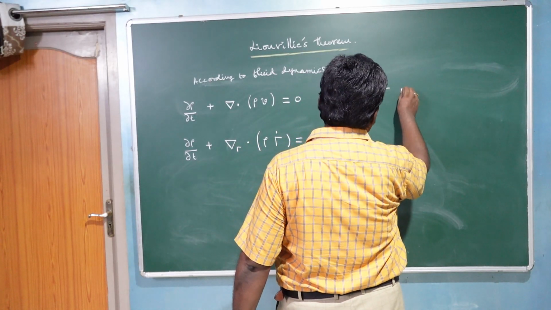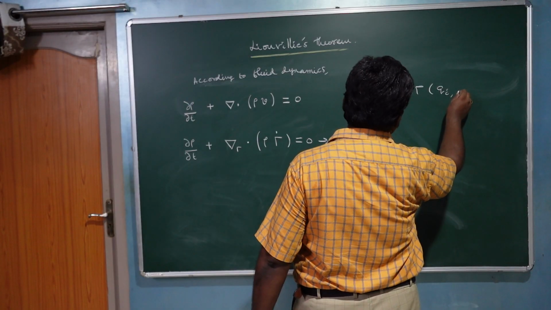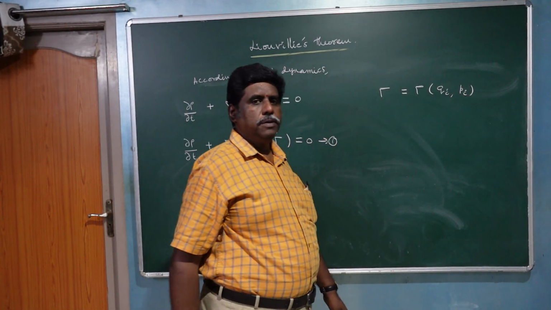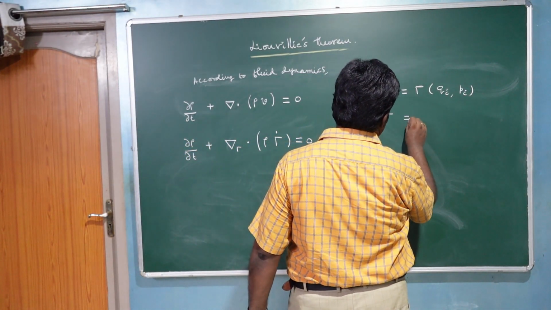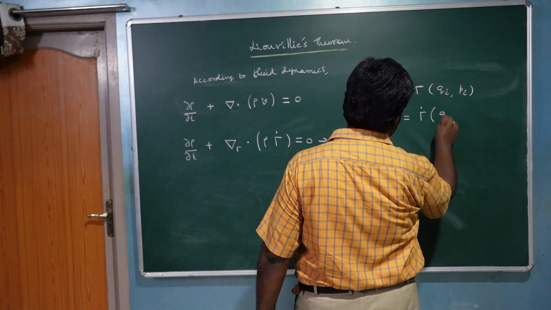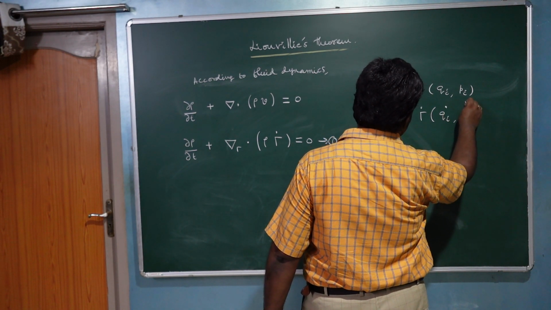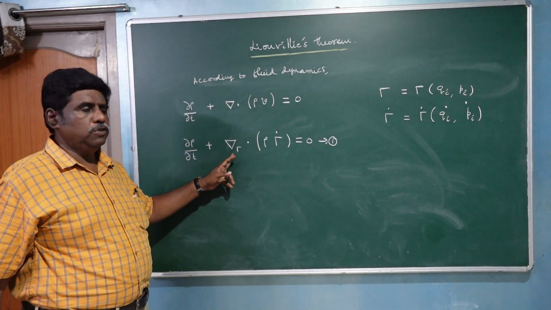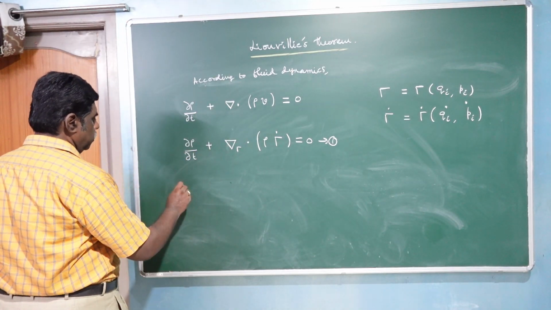You know that gamma is a phase point, which is a function of qi comma pi. Then gamma dot is a function of qi dot comma pi dot.